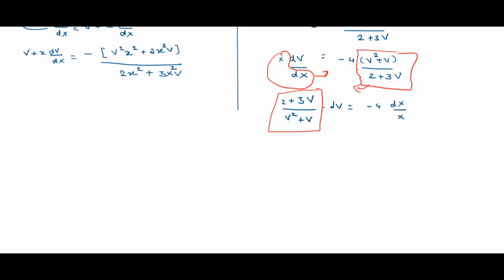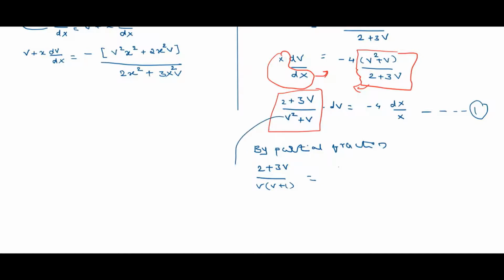So I will write, say this is equation number 1, and next by partial fraction, what we get is (2 + 3v) divided by (v² + v) is equal to... You can write this v² + v, if you take v common, you will get v(v + 1).